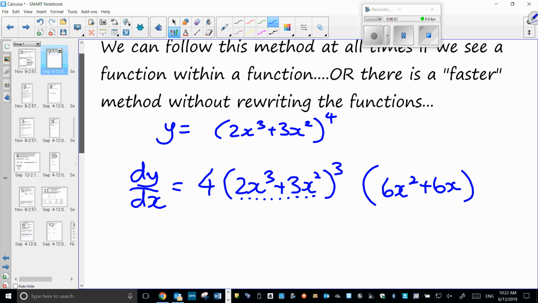When I look at this, it's just so long. Well, just like what we just said, pretend that the bracket is a letter. Now, you don't have to do this faster method.